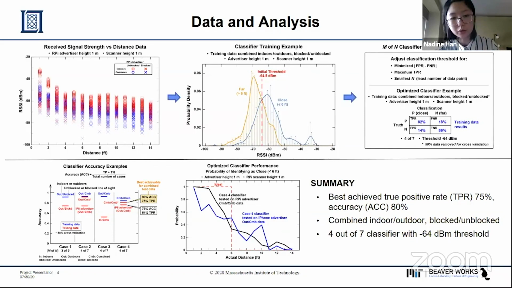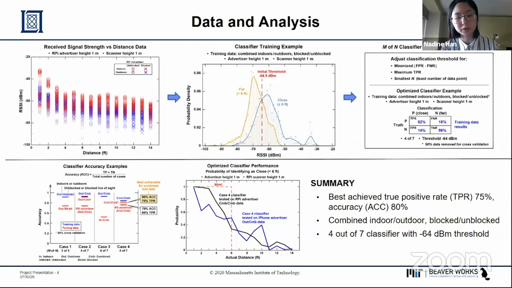If you take a look here, you can note that the RSSI distribution is following a certain trend. The closer the measurements are taken to the scanner, the higher the RSSI tends to get. But there's also a really big variation in the RSSI measurements, and that's because of all the ambiguities in the environment.